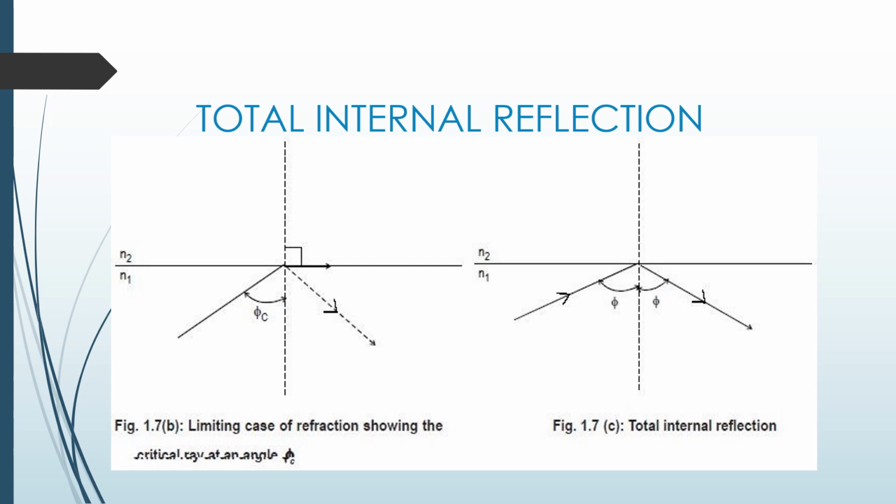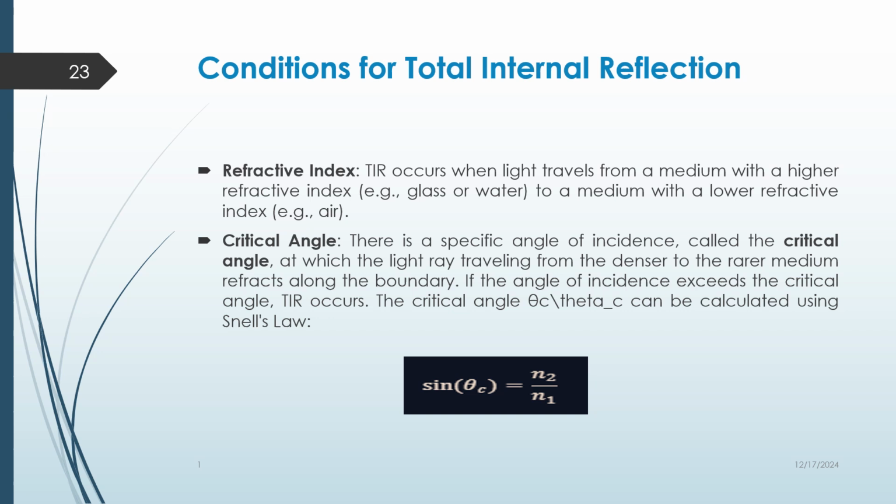Part of the signal will be reflected back and part will be refracted and pass through the other medium, N2. Total internal reflection means all the light is reflected back into the medium. That is known as total internal reflection.